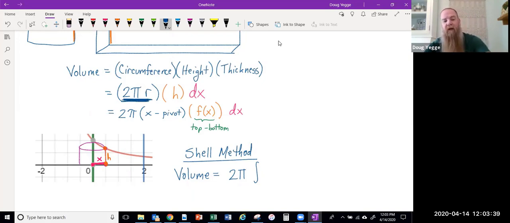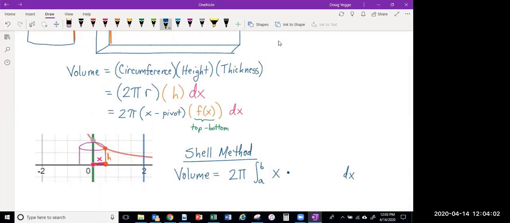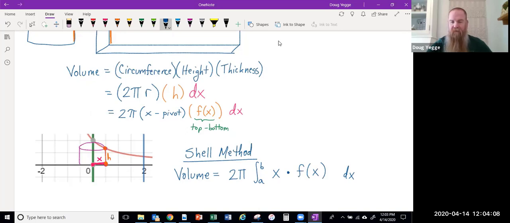That's why it's a 2 pi. We're going from a to b, where these are going to be dx values, right? And now all that we have inside is just going to be x times the function. And that's it. That's your shell method.